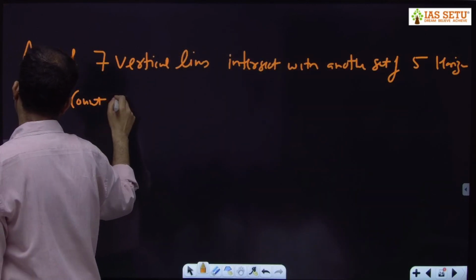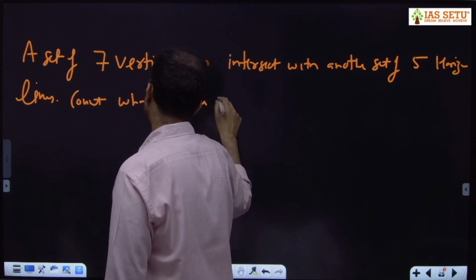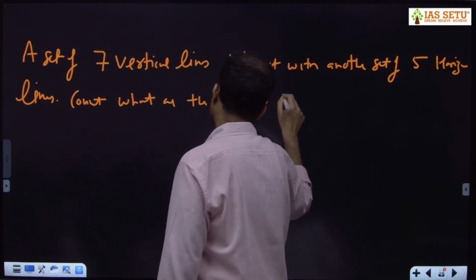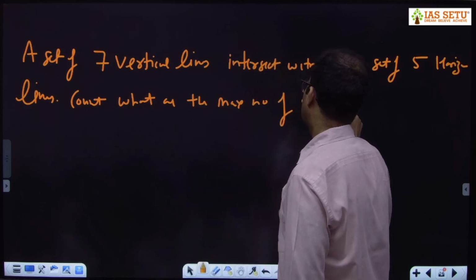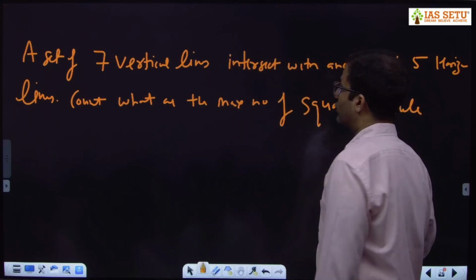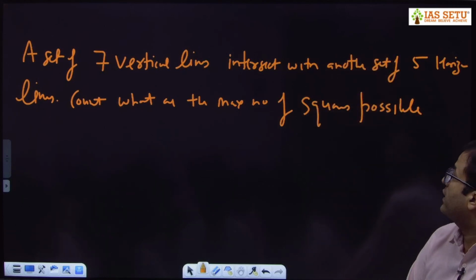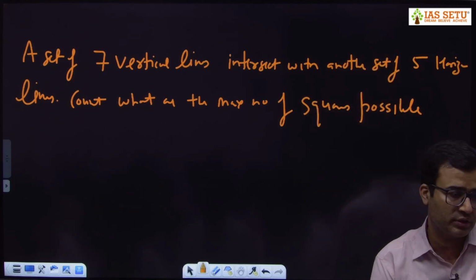Count what is the maximum number of squares possible with these lines. Means 7 vertical and 5 horizontal lines give how many squares?